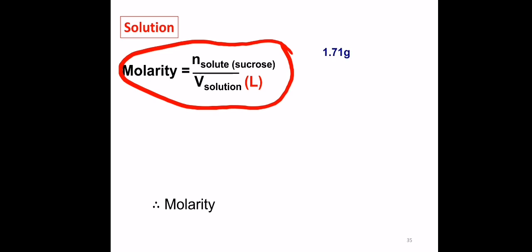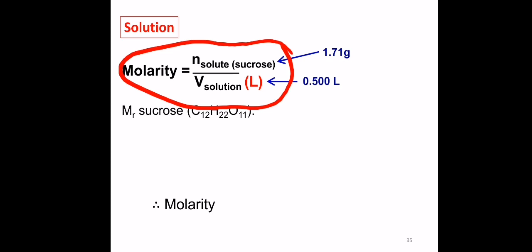Given 1.71 gram of sucrose, this one is the mass for the sucrose. So you must calculate the mole for sucrose. Given the volume of the solution is 0.5 liter.